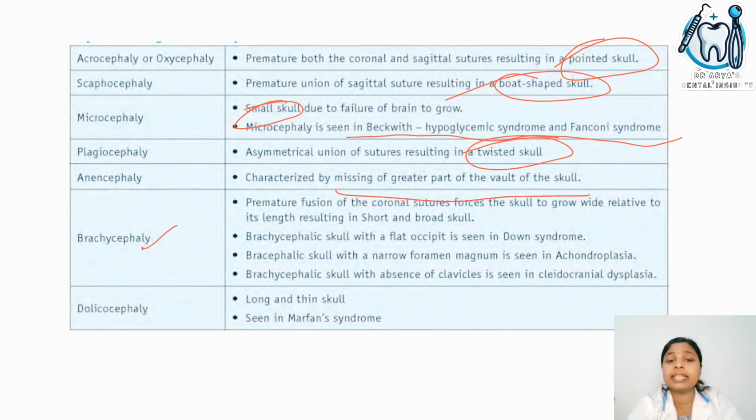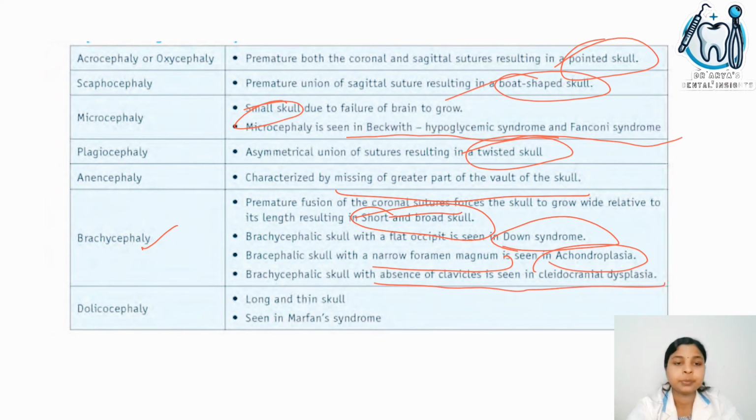Then brachycephaly is the premature fusion of coronal sutures, which forces the skull to grow wide related to its length, resulting in a short and broad skull. With flat occiput it is seen in Down syndrome. Narrow foramen magnum is seen in achondroplasia. And absence of clavicles is seen in cleidocranial dysplasia. And then dolichocephaly, a long and thin skull, which is seen in Marfan syndrome.